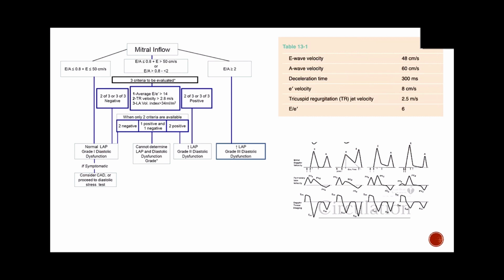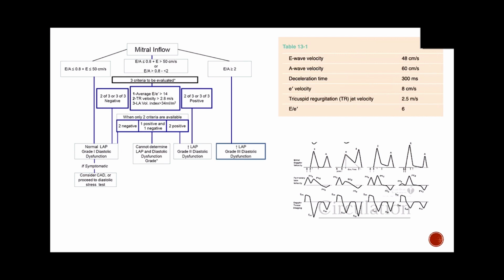So this is our algorithm for looking at a patient with diastolic dysfunction with decreased left ventricular ejection fraction. This question was done before they made the updates in 2016. And so therefore it's using the older mitral valve inflow pattern where it's using your E to A, right?